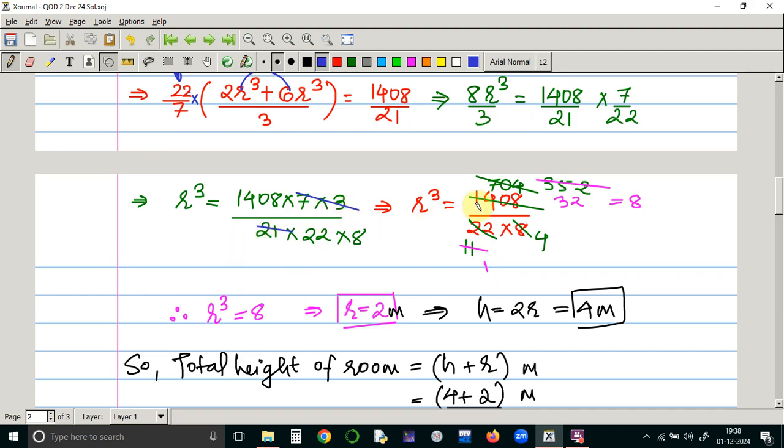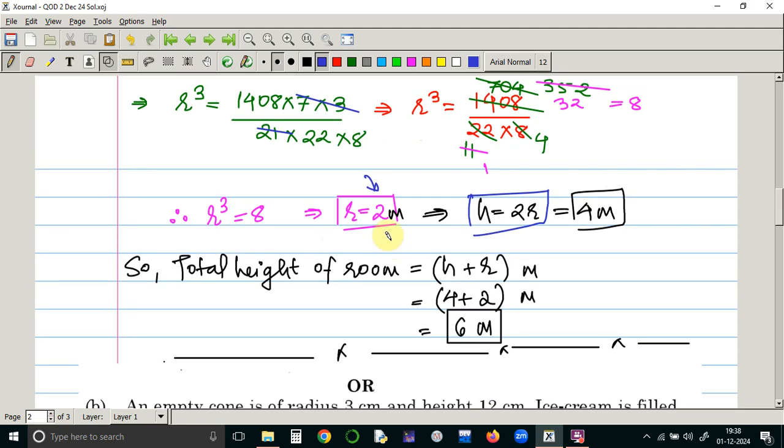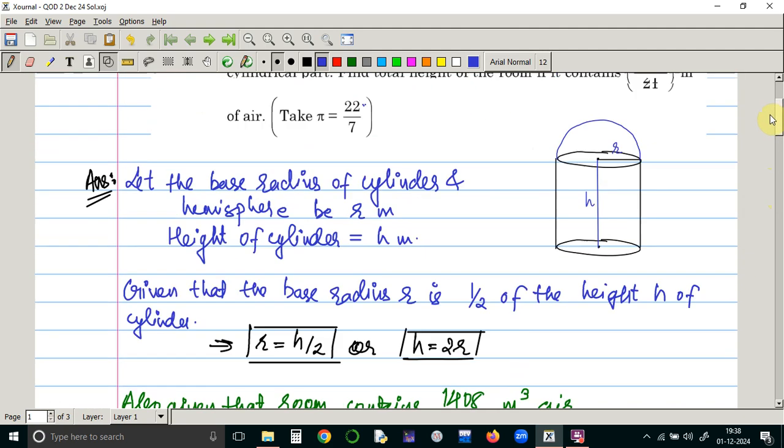So I am left with 1408 upon 22 into 8. After cancelling, I got r cube equal to 8. So the cube root of 8 is 2. So the base radius is 2 meter and the height by using this relation is 2 into 2, that is 4 meters. So we got the values of r and h. So the total height of the room is h plus r, 6 meters is the answer for this question.